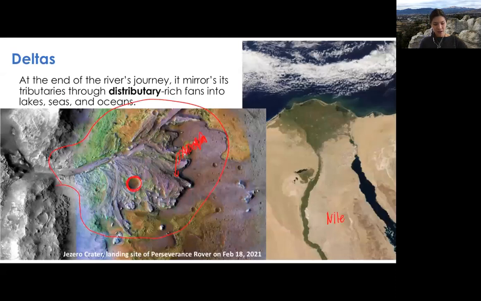You can see you've got a main channel that branches off and continues branching. So this very similar distributary form creates a fan-shaped form that's really similar to the deltas we see on Earth. And could be some really cool evidence of long-lasting water on Mars. So that's very exciting to think about.